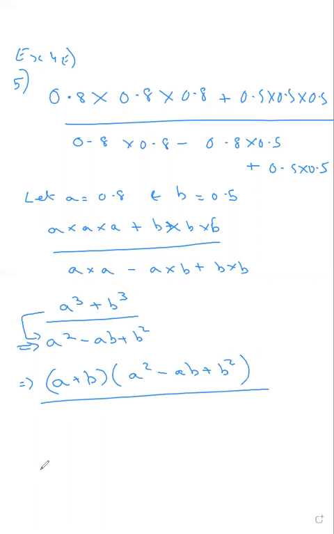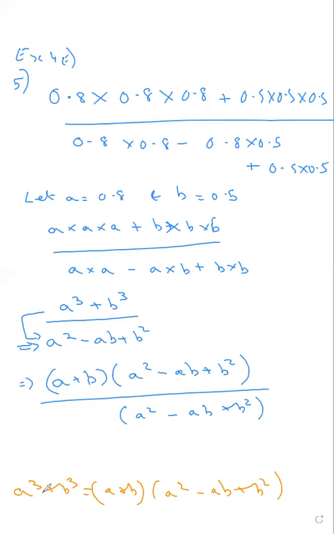Now we again get A squared minus AB plus B square. Sarah, you have to learn this identity. A cube plus B cube is equal to A plus B into A squared minus AB plus B squared.